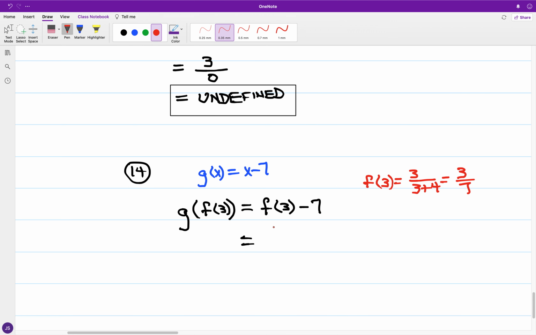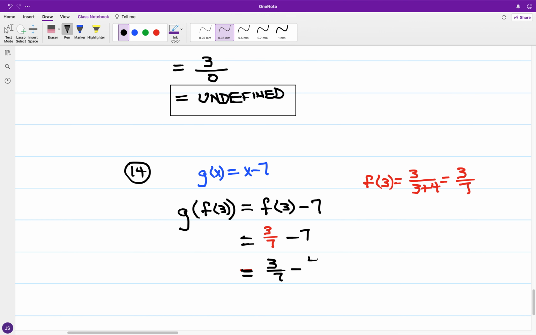And following through, you have 3/7 minus 7.